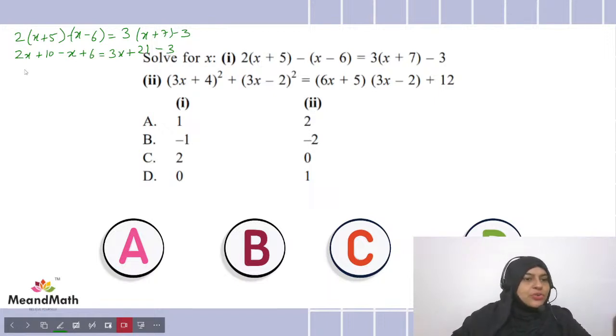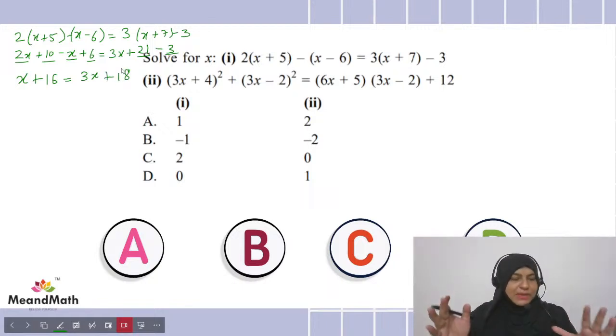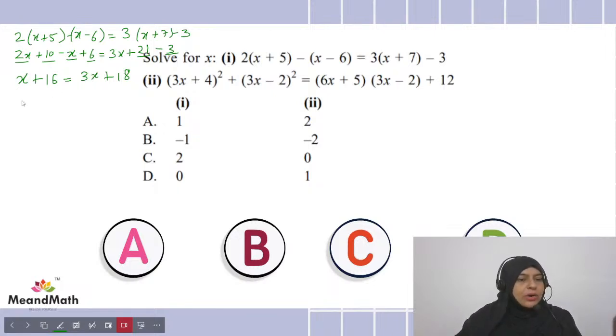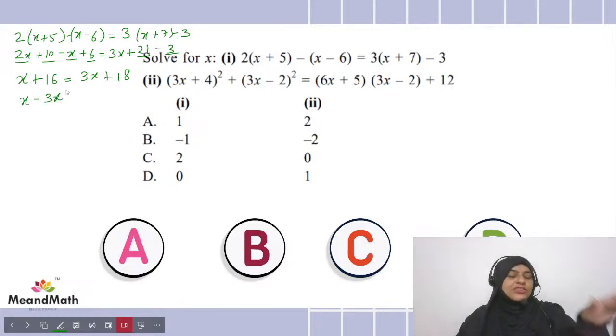Okay? Let's solve it. 2x and minus x will become x. 10 and plus 6 is 16. Now it is 3x, 21 minus 3. It is 18. Now x minus 3x, when we are taking 3x on the left hand side, and it is 18 minus 16.